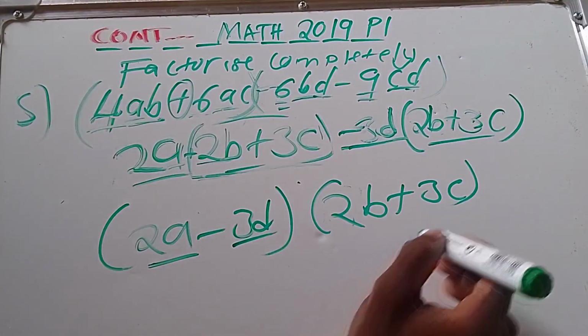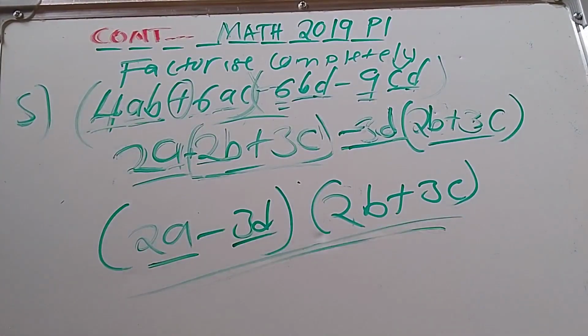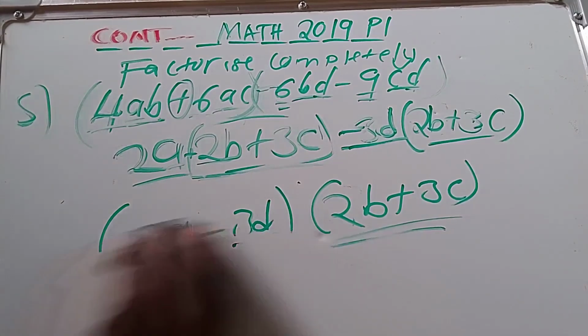So this is where we are supposed to end, and this marks the end of this question. I hope you have got it. I have taken time to explain this question because I know that most of the pupils get it wrong. But I hope from henceforth you'll be handling it very easily.